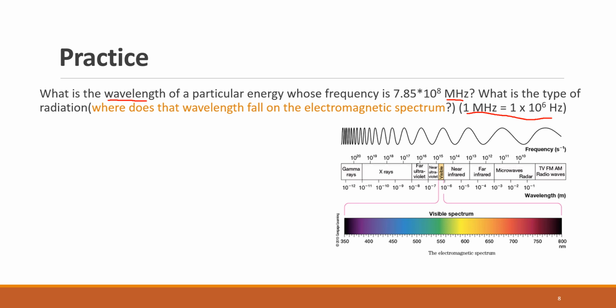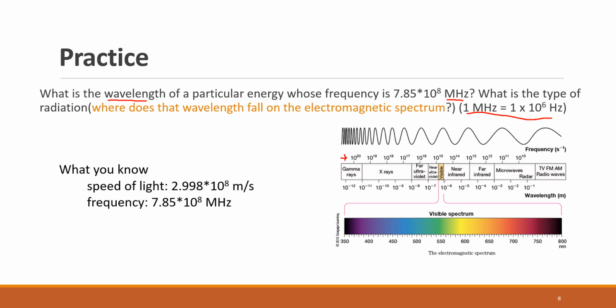If they ask a question like this on the exam, they will give you this electromagnetic spectrum and you just need to refer to it and figure out which area it lies in based on your wavelength value. You could also probably already figure it out just by knowing what the frequency is as well, since frequency are the top numbers here on the spectrum.